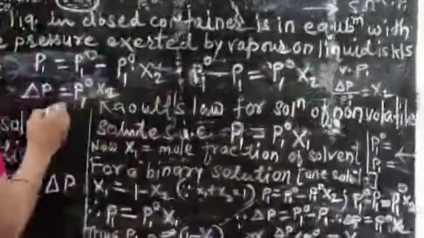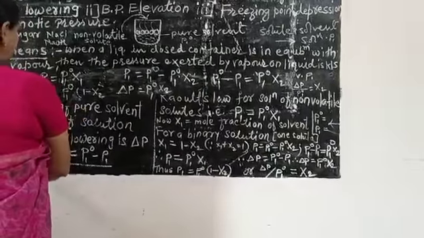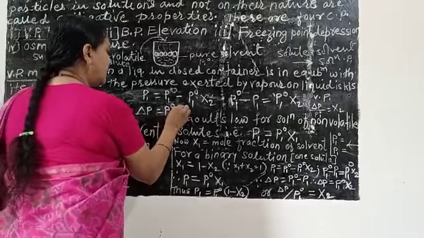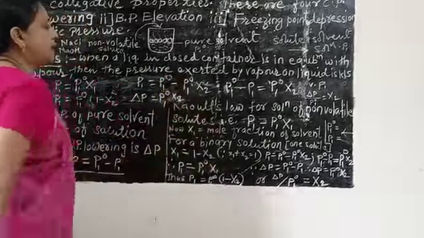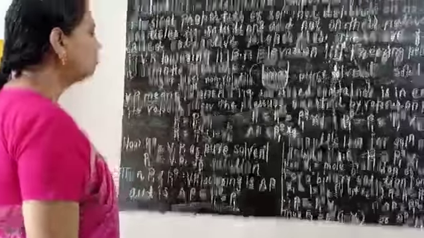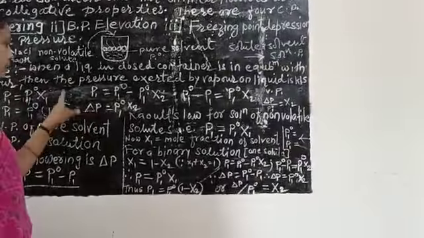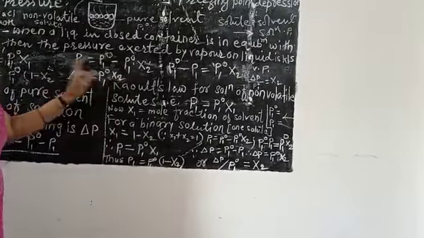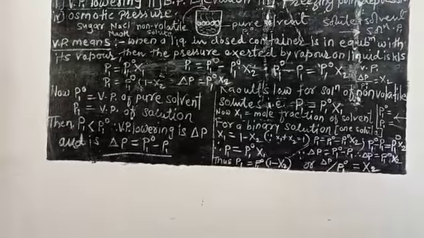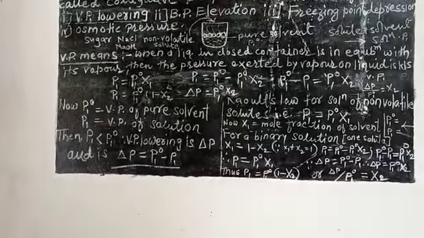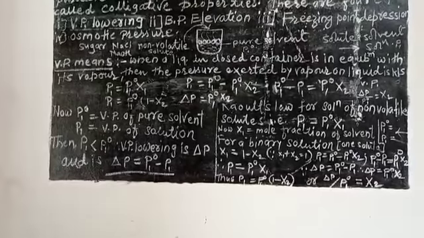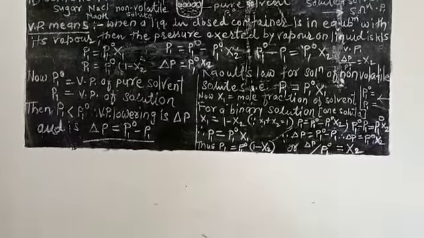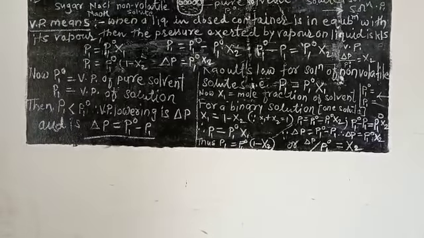In this expression, delta P is the lowering in vapor pressure, P01 is the vapor pressure of pure solvent, and X2 is the mole fraction of solute. That means the lowering of vapor pressure depends on the value of mole fraction of solute, and thus lowering of vapor pressure is said to be the colligative property because it depends on the number of solute particles present in the solution.